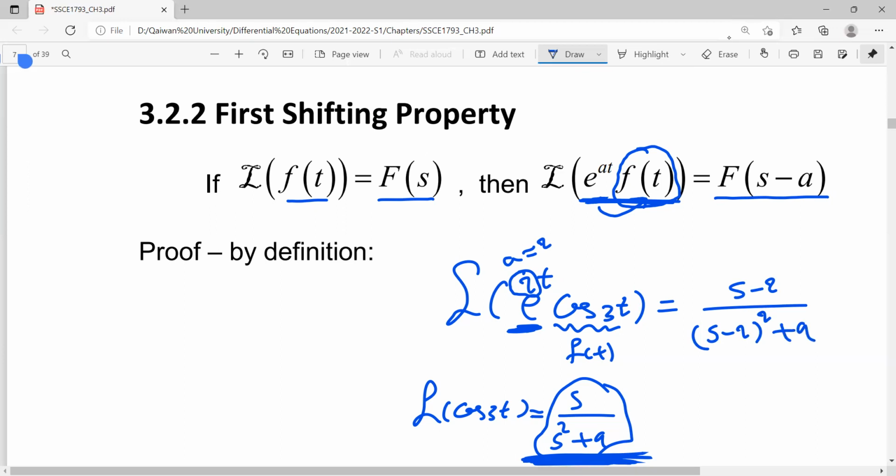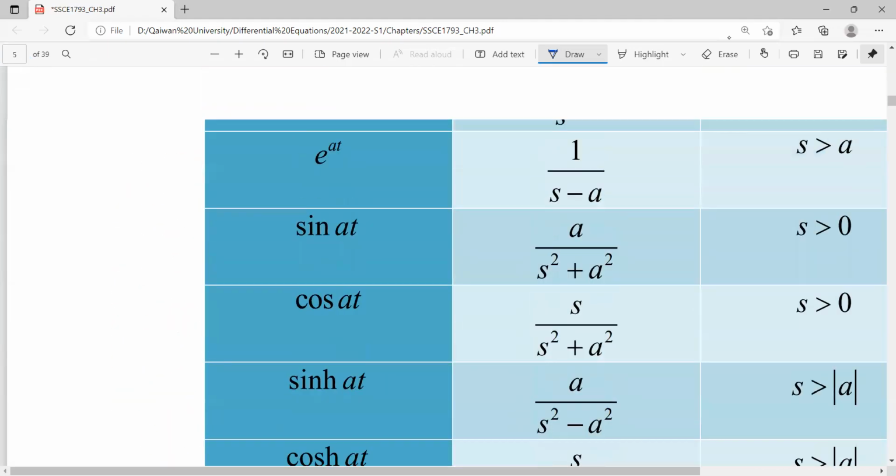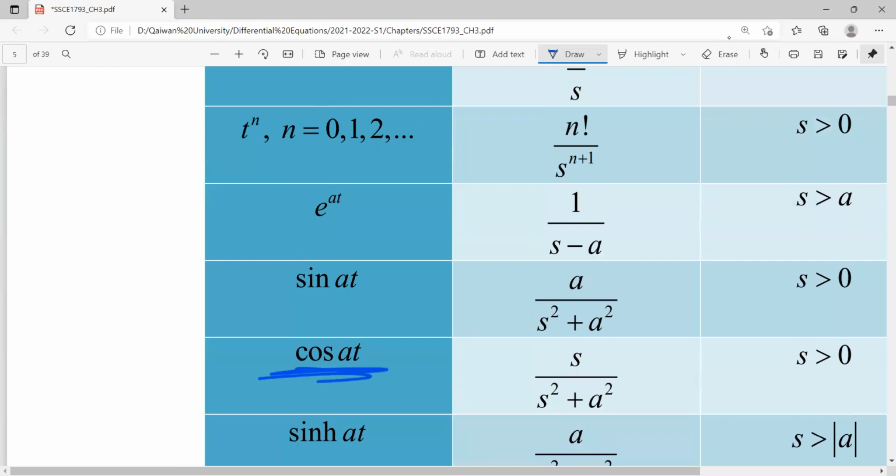That's all. The proof is not included for you. For cosine 3t, this is the rule above: cosine at is s over s squared plus a squared.